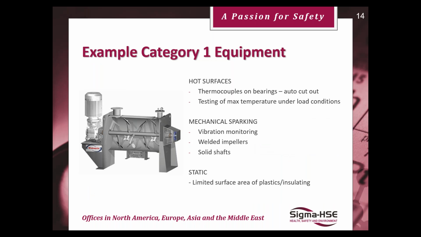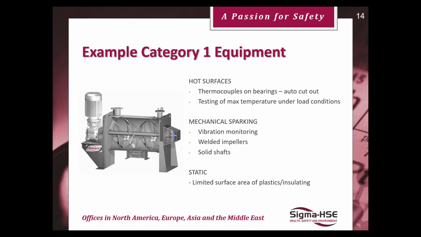So here is an example of a category 1 equipment. It's a mixer. I believe it handles flammable vapors as well as flammable dusts. So as you can see, these are the typical safeguards that you have for the three common ignition sources. So vibrational monitoring, welded impellers, solid shafts. I could probably add, I've seen mixers where their manuals state how to maintain the equipment.